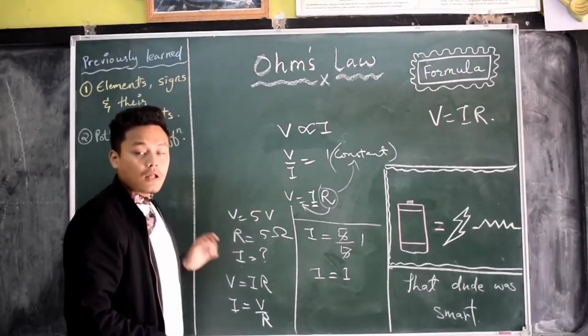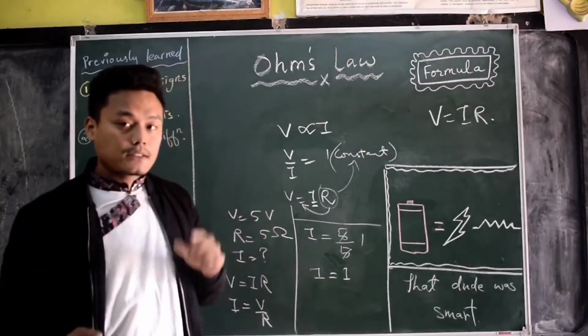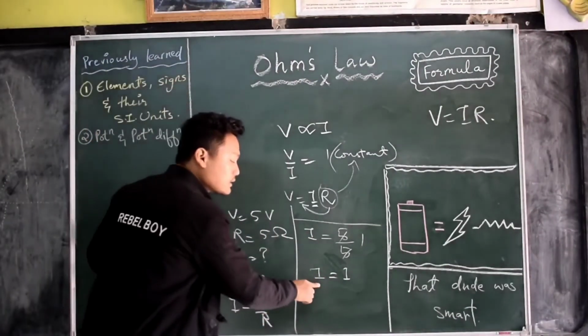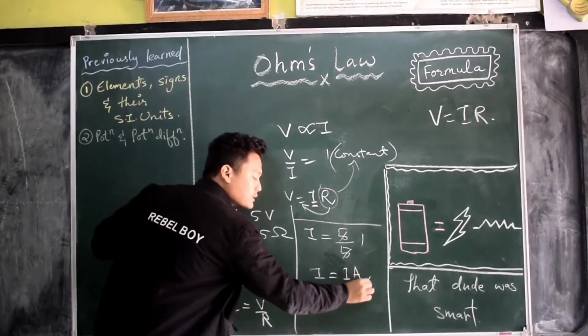Now for a unit, the unit of I is ampere.